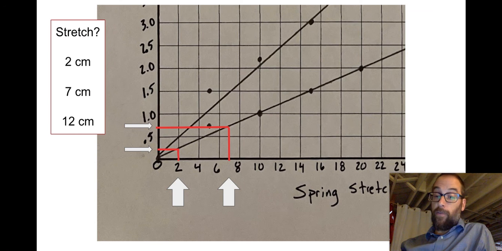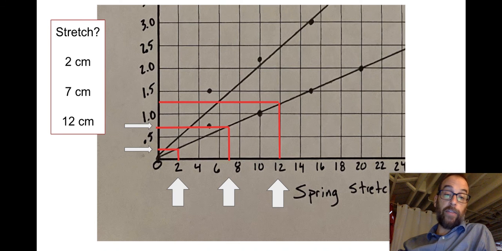Halfway between 0.5 and 1 is about 0.75 newtons. And for our final prediction, find 12 on the x, go straight up to the line, left to the y-axis, and you see that that hits the y-axis between 1 and 1.5, or 1.25 newtons.